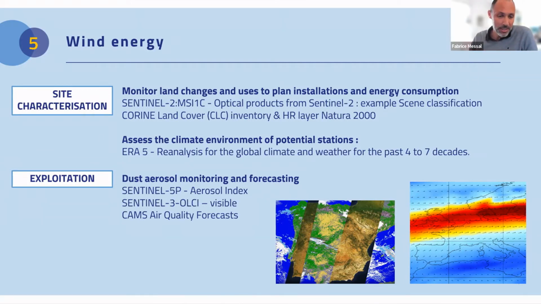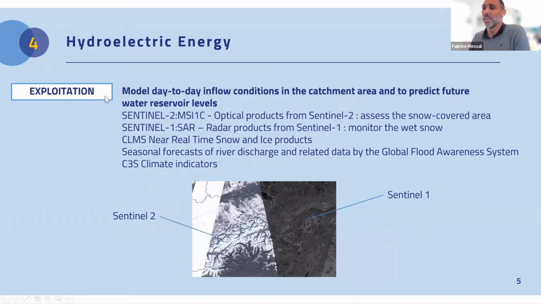So let's go back. During the exploitation phase of a hydroelectric station, perhaps you would like to assess the snow-covered area, monitor the snow, and have information about the river's discharge. You can have access to products like Sentinel-2 with optical product, Sentinel-1 with radar product to monitor the wet snow. The Copernicus Land Monitoring Service provides data in real time on snow and ice products.